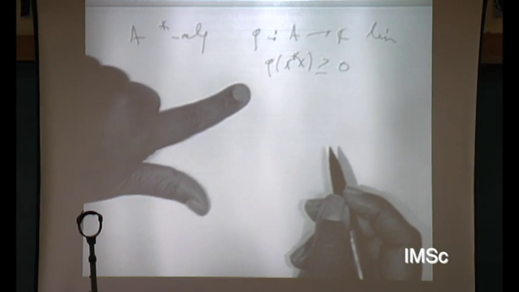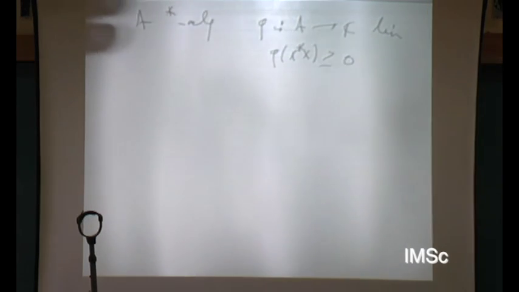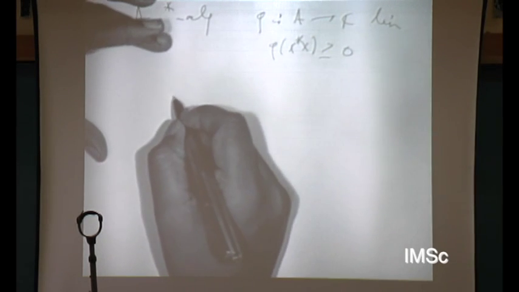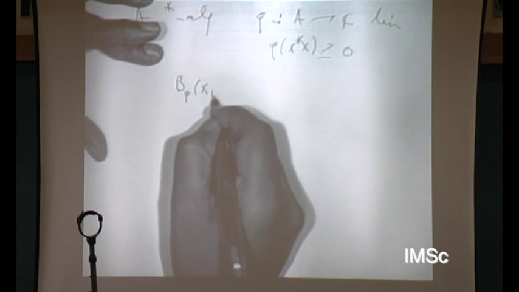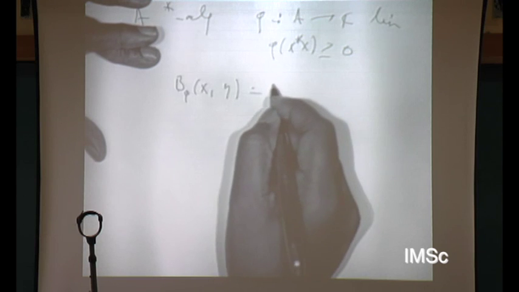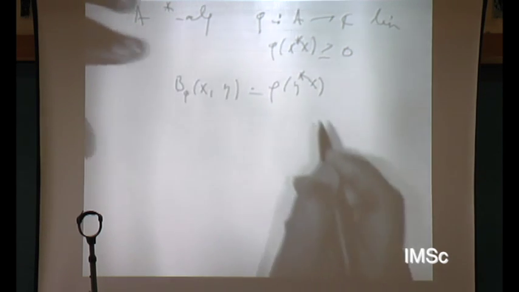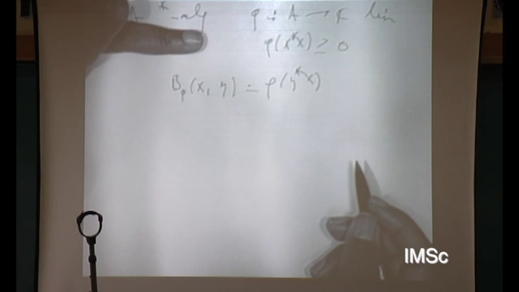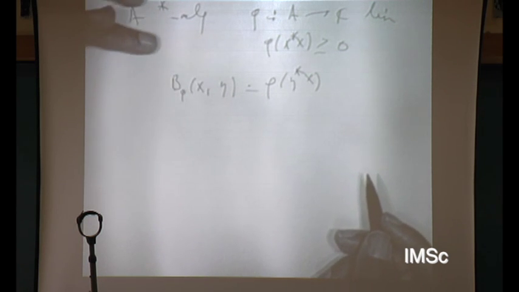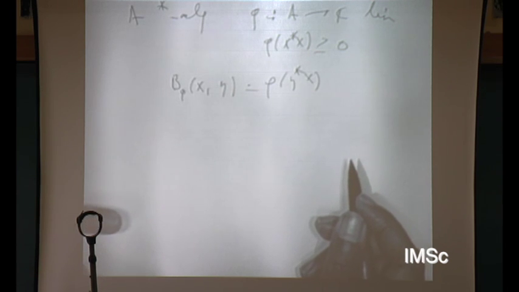Given any such phi, one can always associate a sesquilinear form by defining d phi of xy equal to phi of y star x. This will be a sesquilinear form defined on this A. So you can do everything that we did before.